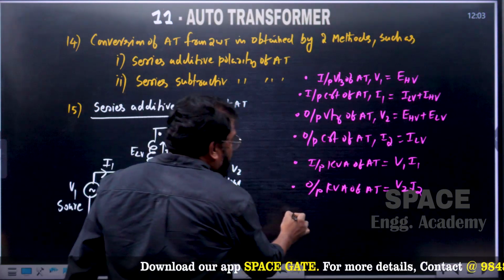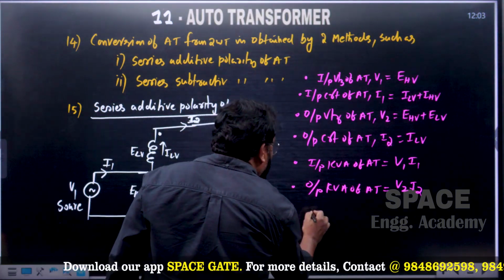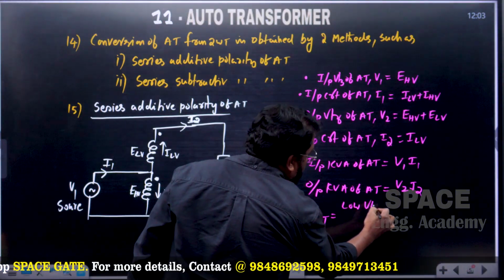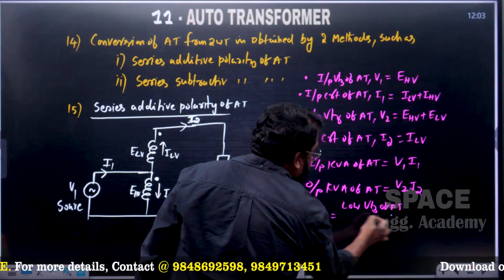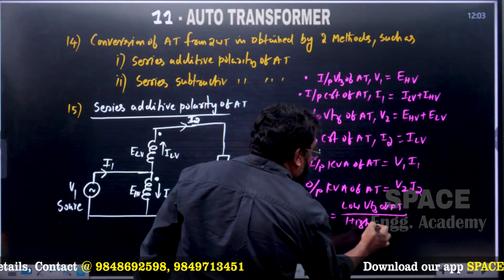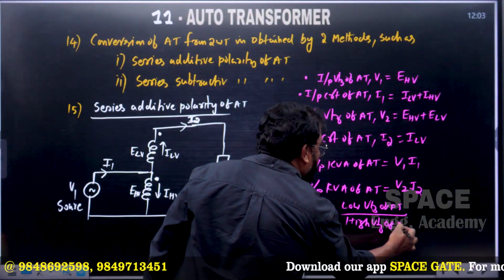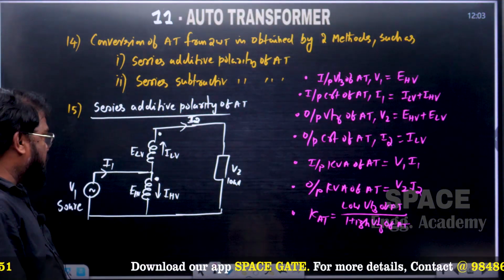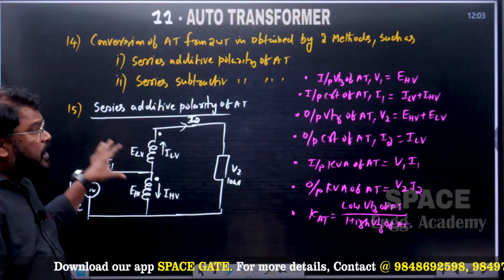The transformation ratio K of an auto transformer is always the low voltage of the auto transformer divided by the high voltage of the auto transformer. Always we have to calculate it as low voltage by high voltage. So these are the series additive polarity equations.